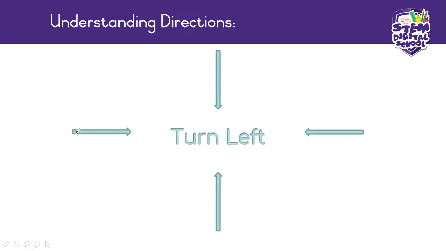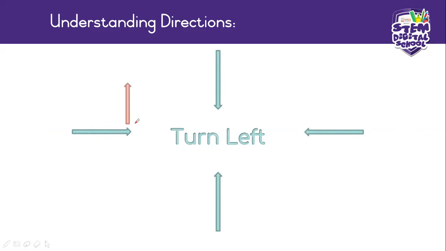She can come from this side, facing the right side of your computer screen, or she can come from this side, facing the left side of your computer screen. So let's see where left will be if they say turn left. If we look at this one, if she's coming from that way and we say turn left, she will go up.